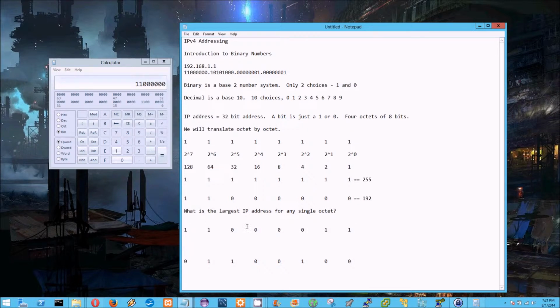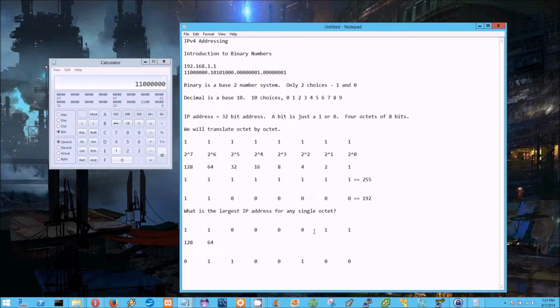But what is this going to be? Well, it's going to be 128 because remember, 128 and the bit is set. And next is 64. Okay, now this is a 0, so because the bit is not set, we're not taking this number. So we're going to skip these because they're all zeros.